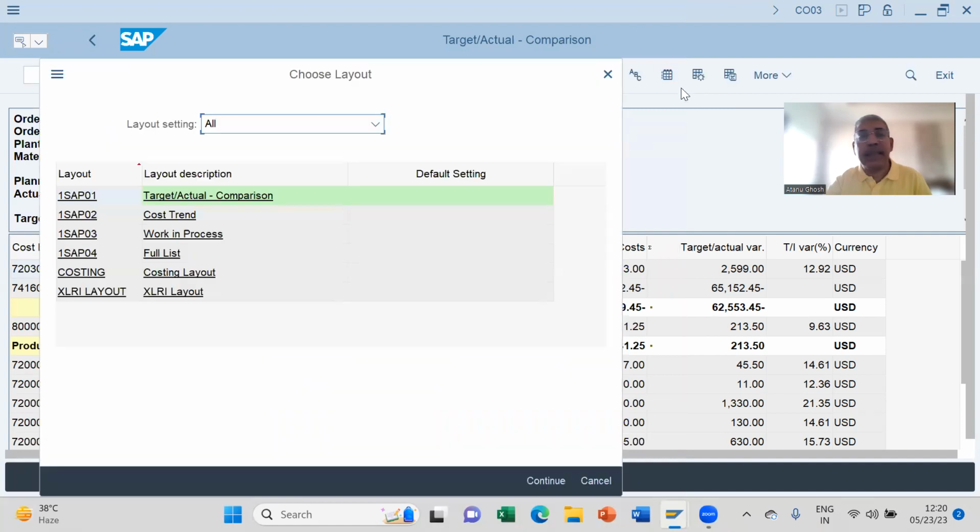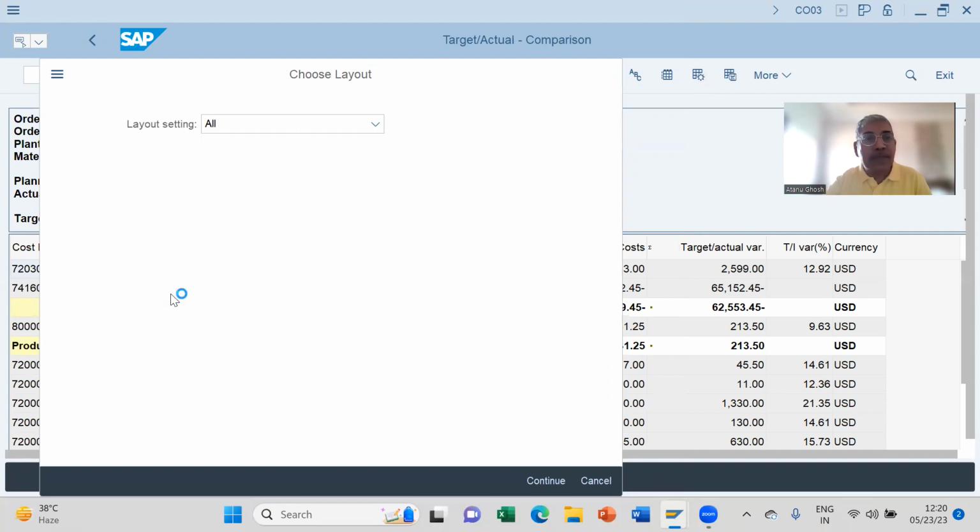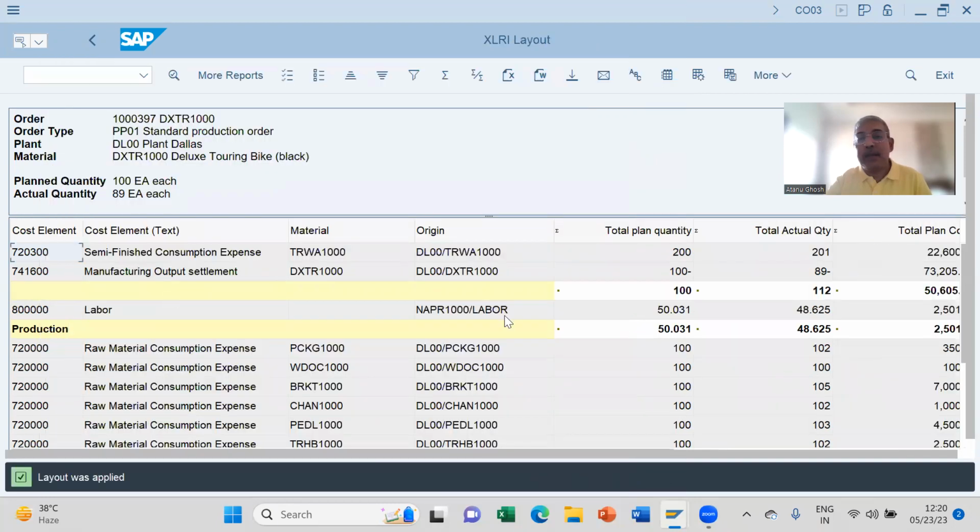So this is where I select the layout. This is the layout I have saved, and my layout has come, which has, as you can see, some different columns. You can also create a layout which consists of the same columns as I have created over here, because that will help you to analyze yourself.